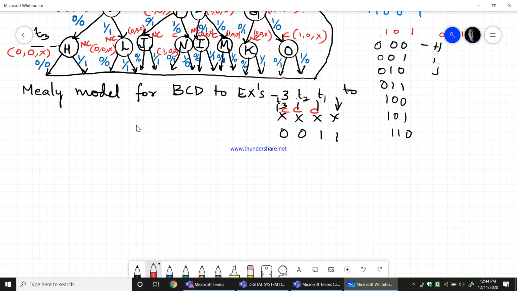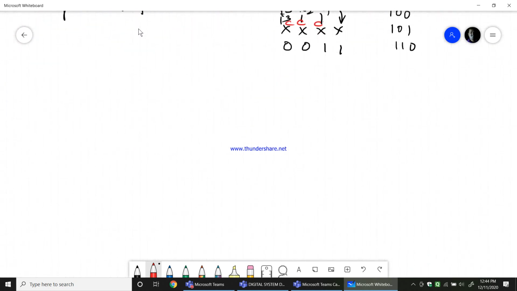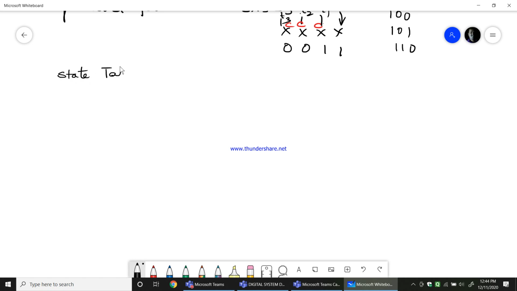Coming to the state table now. Always the first column will be time, where T0, T1, T2, whatever I have written, that is the time.